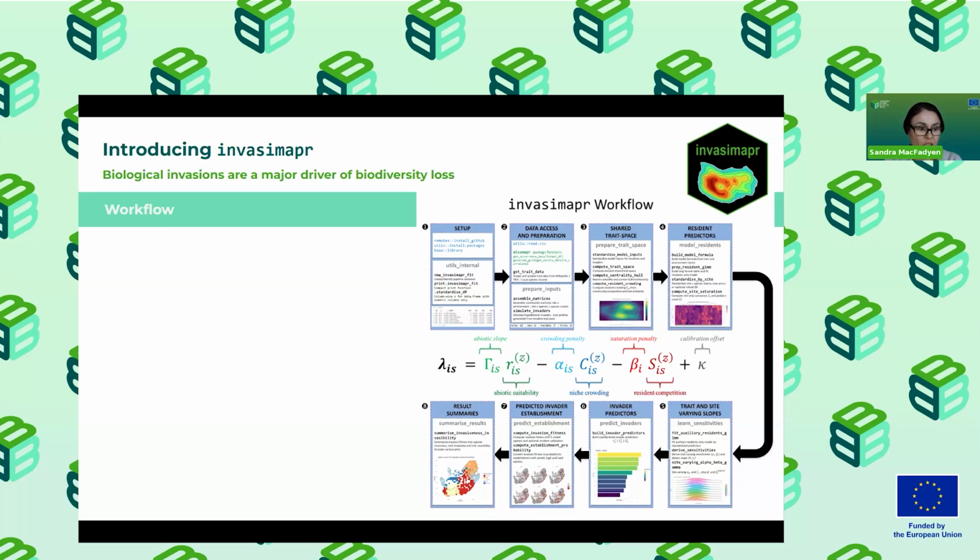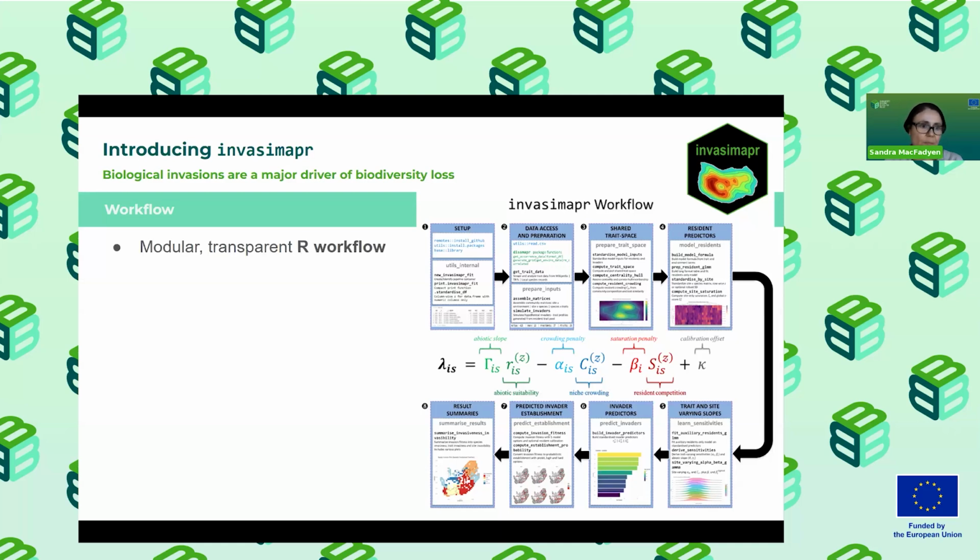Once we know that, we can start looking at how invasive a species is in terms of its predicted spread across these sites. We can take it apart into the traits as well and look at how invasive a trait is, based on how well it's spreading into these different areas. And then we can also take it from a site perspective and look at how invadable a site is.